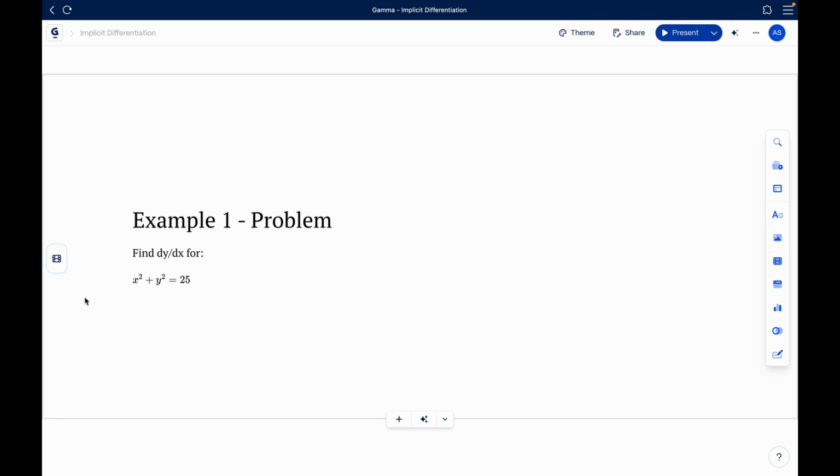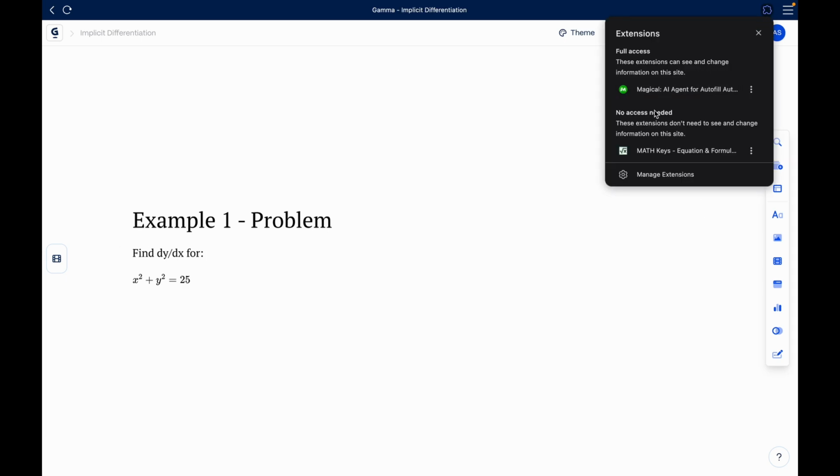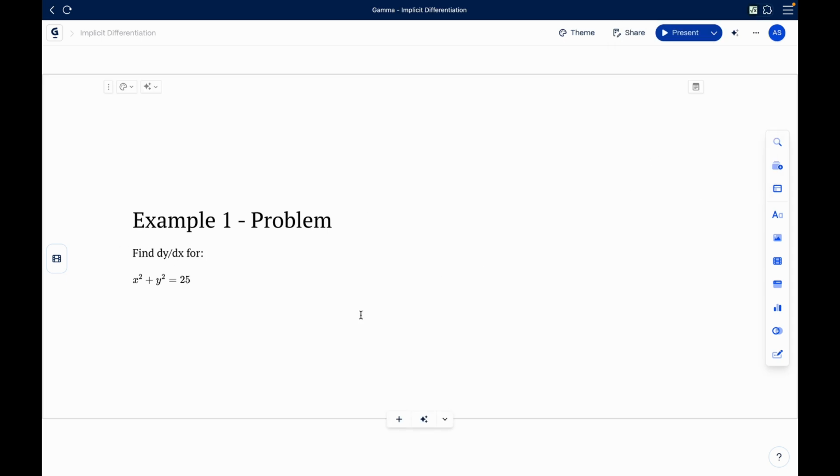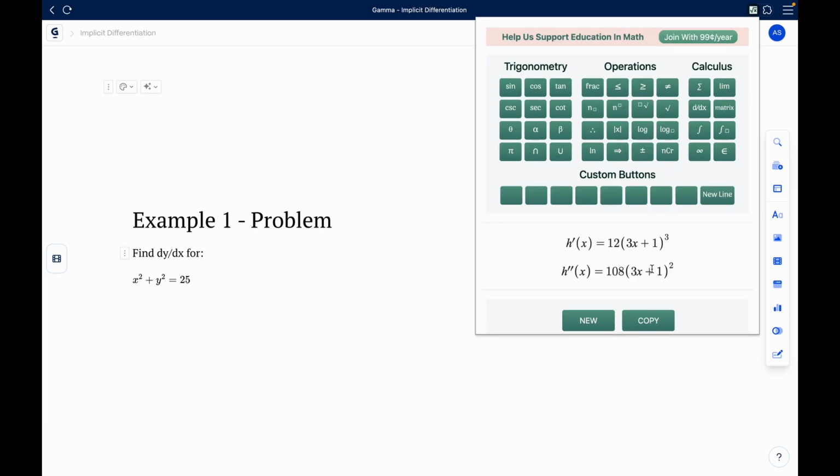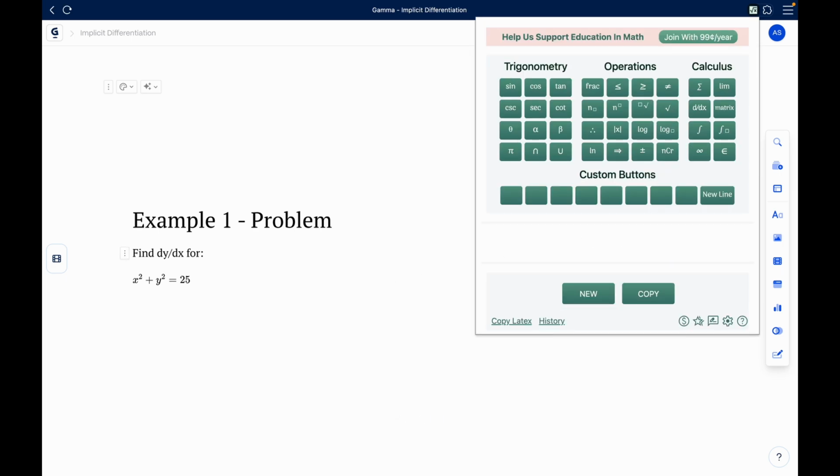Now, our first example is to find the derivative of y with respect to x for x squared plus y squared is equal to 25. The first thing that we need to do is do d by dx of everything. So d by dx of x squared is equal to 2x, using the power rule, plus, now the derivative of y squared with respect to x would first be 2y, differentiating the outer function.